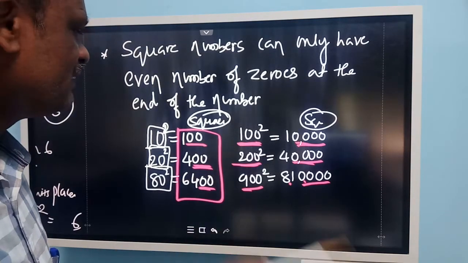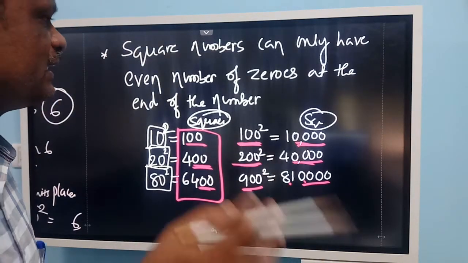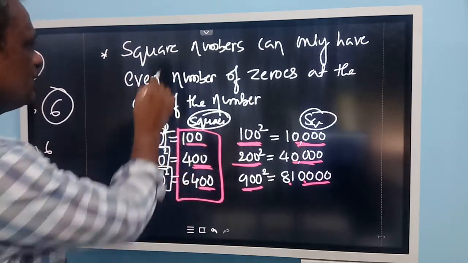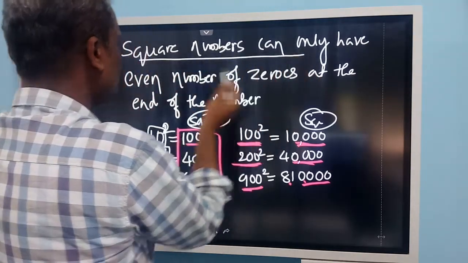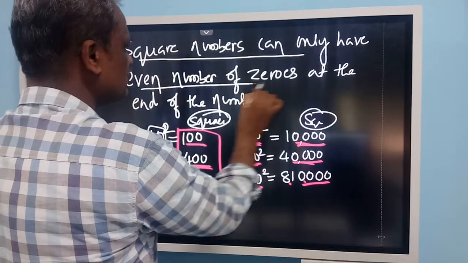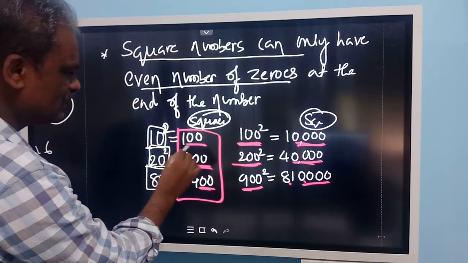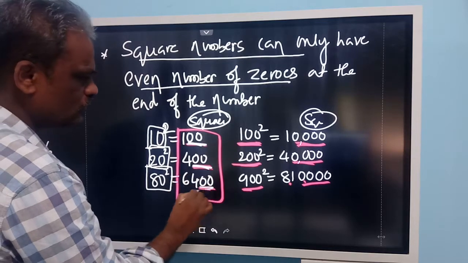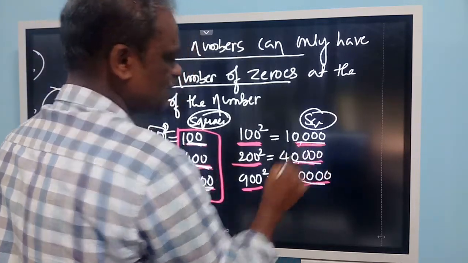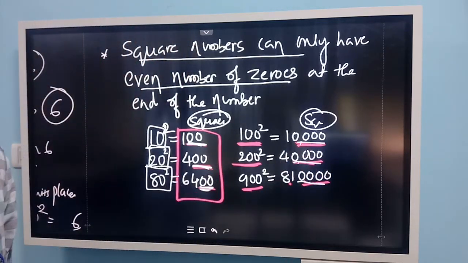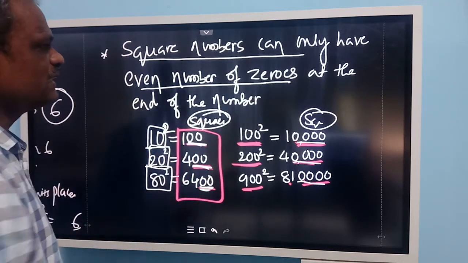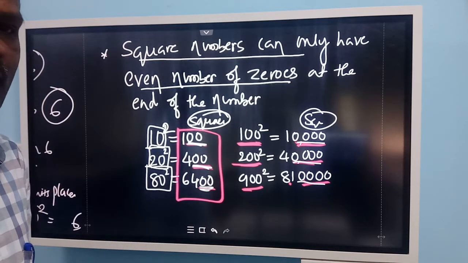All square numbers can only have an even number of zeros at the end of the number. So here 2 zeros, 4 zeros, 4 zeros, 4 zeros. So all square numbers always end with only an even number of zeros.